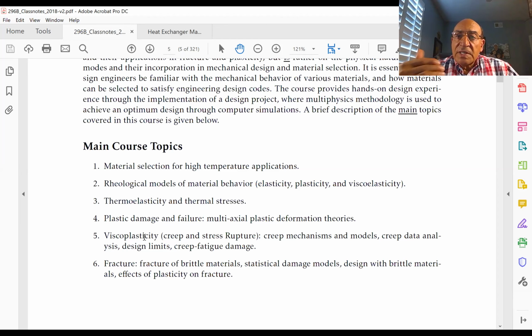Next topic will be on viscoplasticity, and that is the time-dependent phenomenon, or creep and creep deformation. The key feature of creep deformation is that if you have a cylinder or a tube in a heat exchanger, for example, that has a pressure from the inside, operating at high temperature, it will deform slowly over time and will stretch and elongate and increase in diameter.